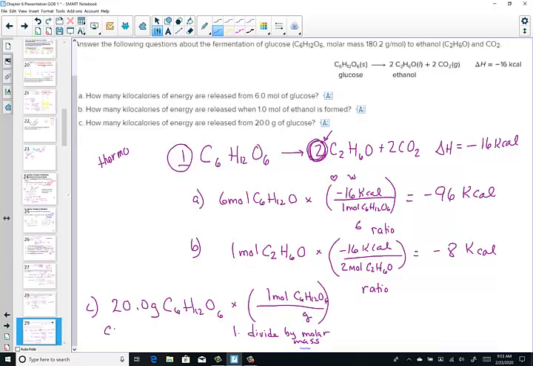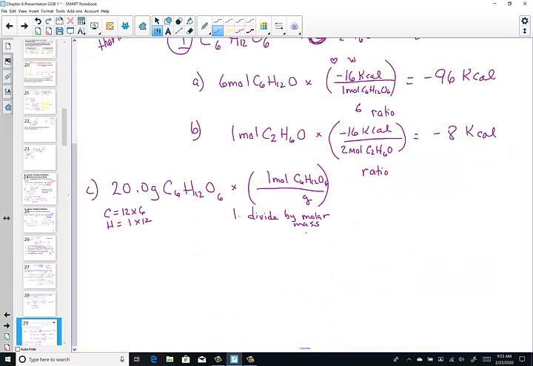I know carbon has a molar mass of 12, and I see 6 of them in the formula. Hydrogen has a molar mass of 1, and there's 12 of them in the formula. And oxygen has a molar mass of 16, and there's 6 of them in the formula. So I'm going to count 12 times 6 plus 12 plus 16 times 6, and you find a molar mass of this sugar molecule as 180 grams.